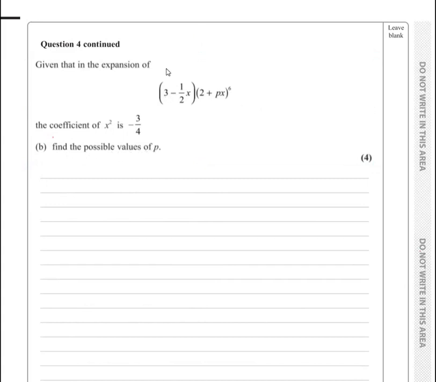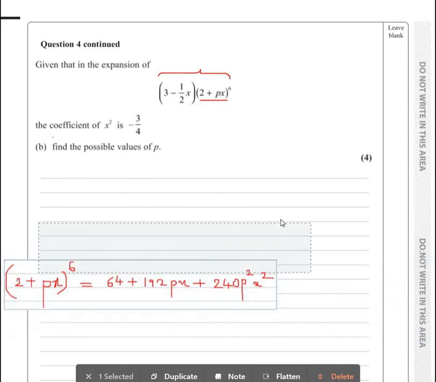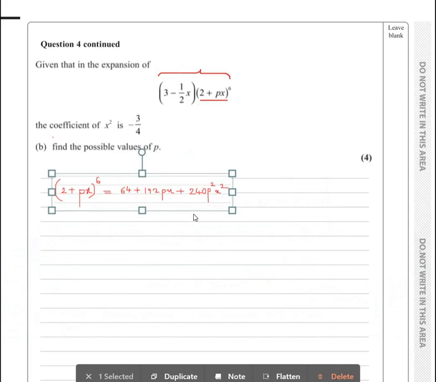So the question is asking us to expand these two terms, and whatever x squared terms we get after the expansion of these two brackets, we have to equate it to minus 3 by 4. So 2 plus px to the power of 6, we have already got it from part A.